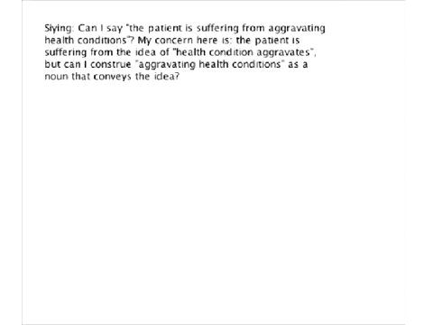I think that it's the health condition that's causing the suffering. I don't really see an ambiguity here. In this situation, the health condition itself is causing the suffering. It's not the fact that the health condition aggravates the person that makes them suffer. It's the actual health condition, right?